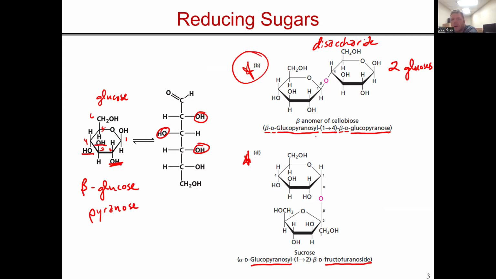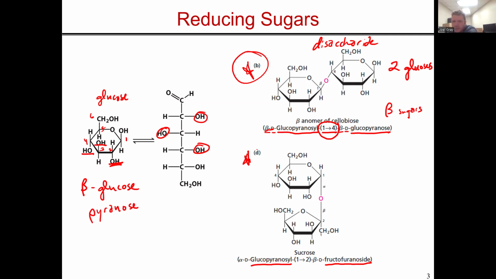Now, what connects these 2 glucoses is a 1,4 linkage. These are both beta sugars, and we know that because we have that name provided out here, beta D, beta D.